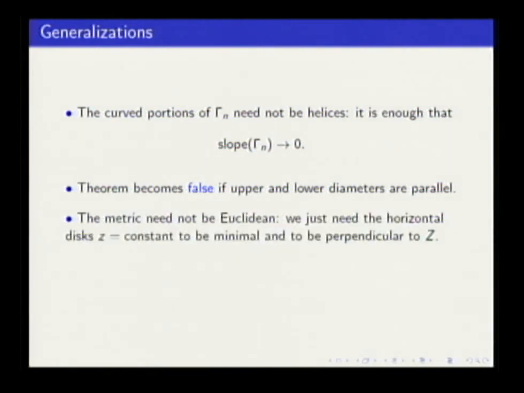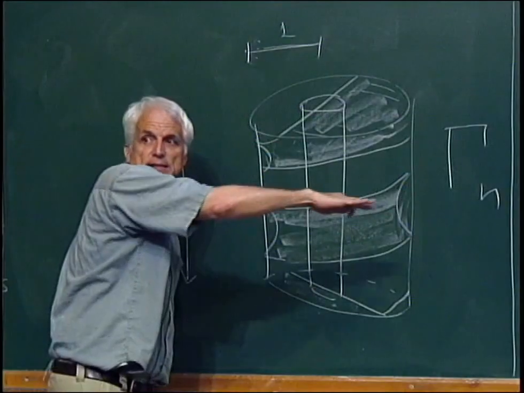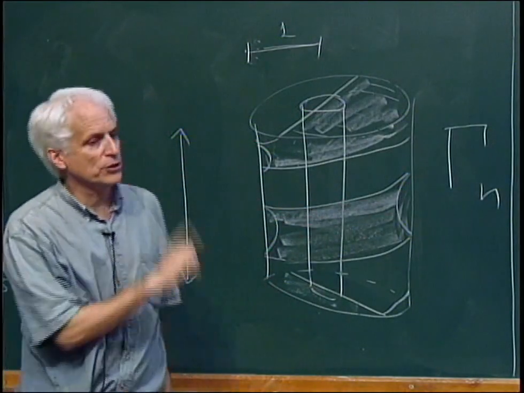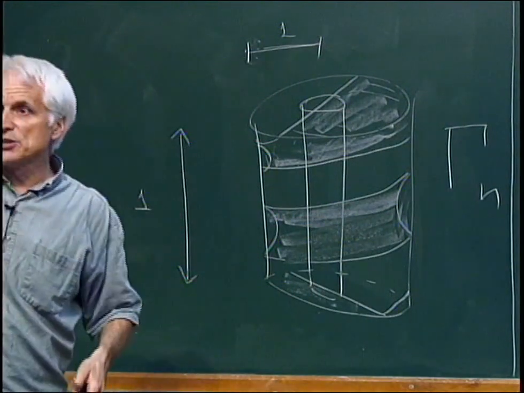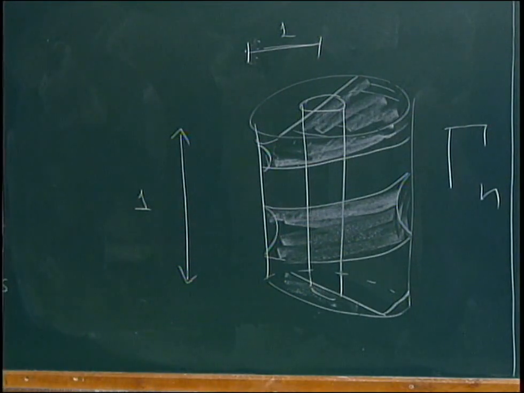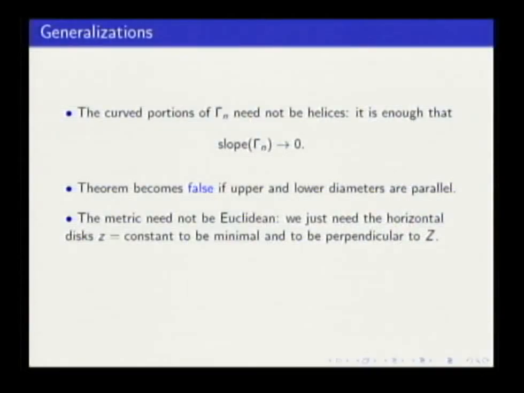And also, the Riemannian metric doesn't have to be the Euclidean metric. All we need is two things. Each of the horizontal disks should be minimal with respect to the Riemannian metric, and we need the z-axis to be perpendicular to each of those disks.